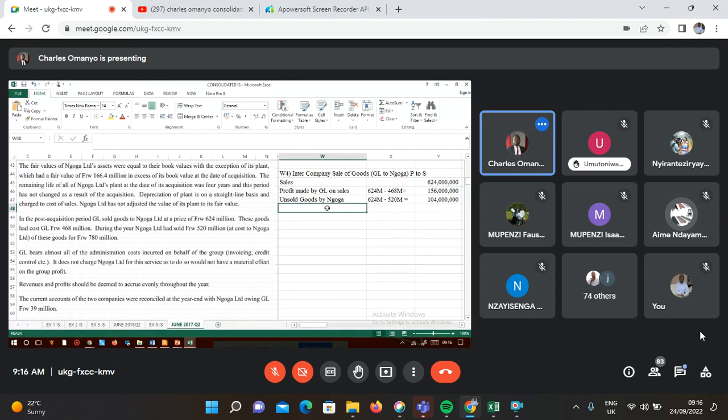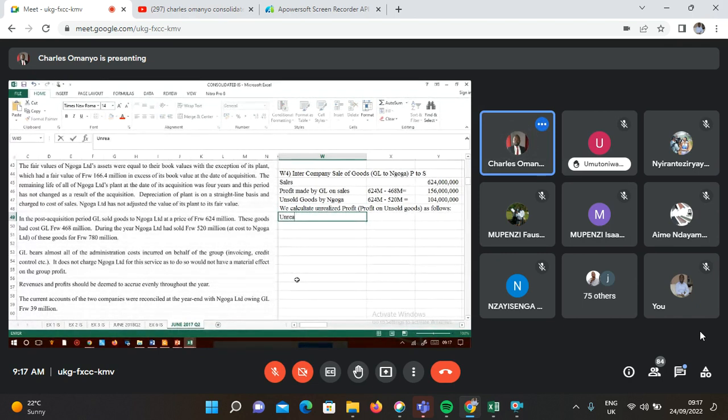Now, we calculate unrealized profit, which is profit on unsold goods. You don't need to type that in exams. I'm just showing it as follows. So what will it be?